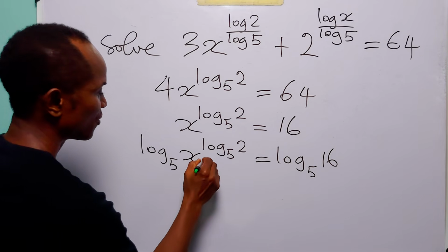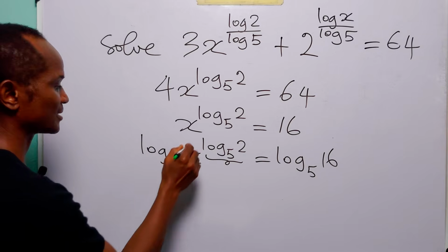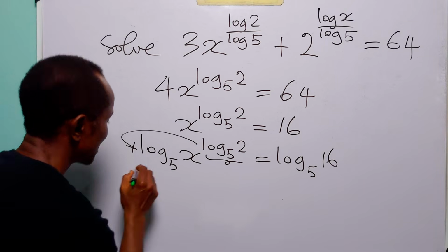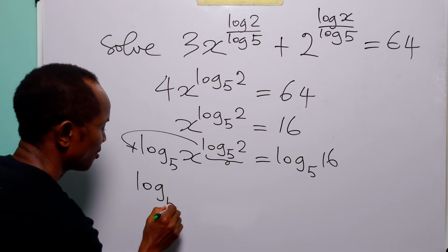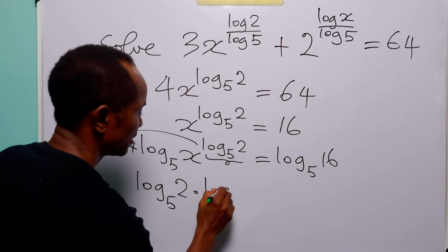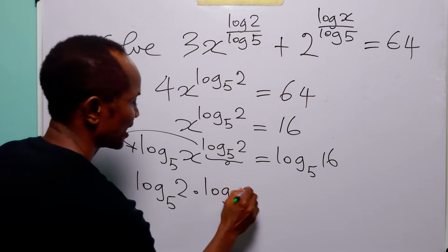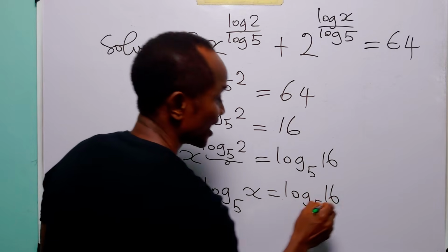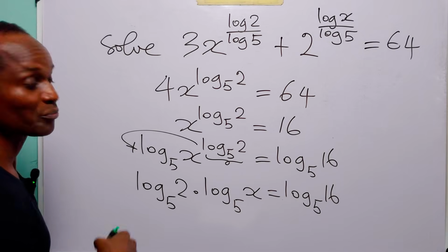Applying the power rule, we can bring down this exponent to the front to become a multiplier. And when we do that, we have that log base 5 of 2 multiplied by log base 5 of x is equal to log base 5 of 16.